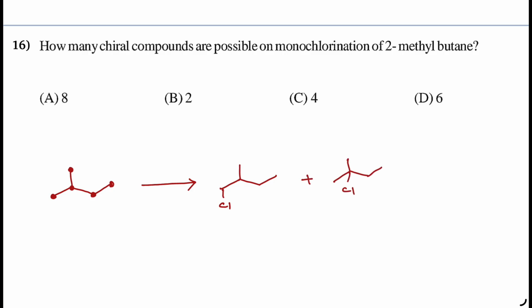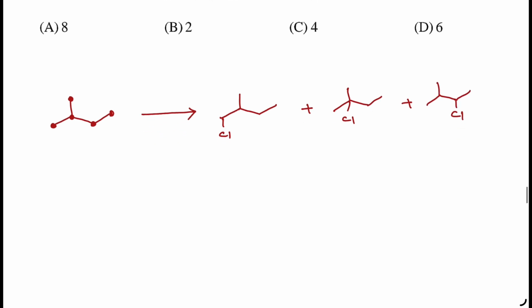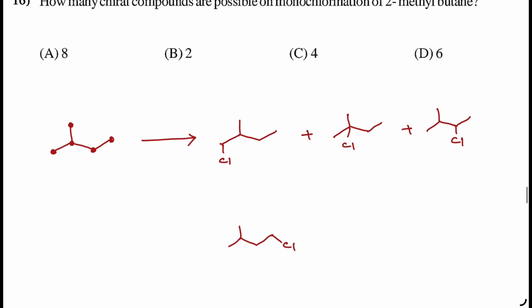So this is the second structure possible. This is the third one. And this is the fourth one. In the first example there is one chiral center. In the second example there is definitely no chiral center because this is a methyl group, this is a methyl group.